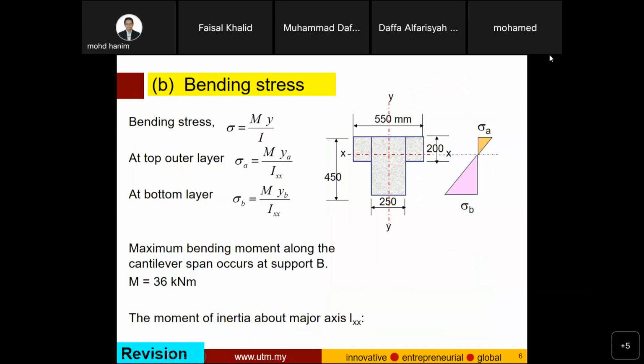So when we are calculating bending stress, what we should know here is the moment of inertia, I. And how to calculate I? I don't know if it is given here or not.